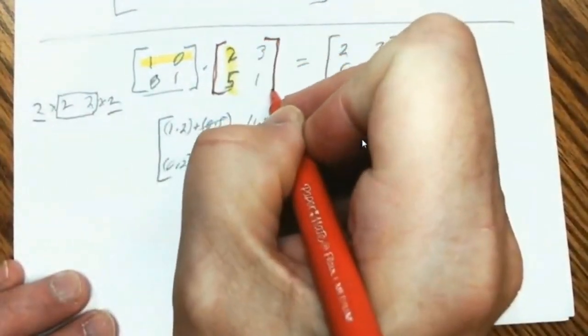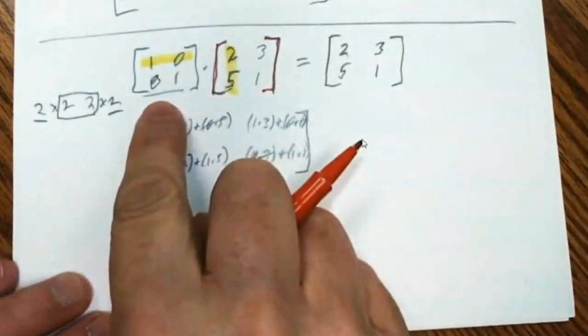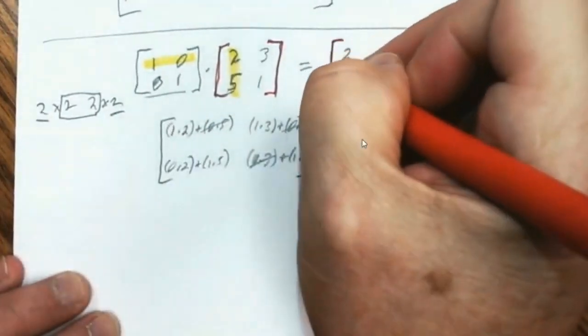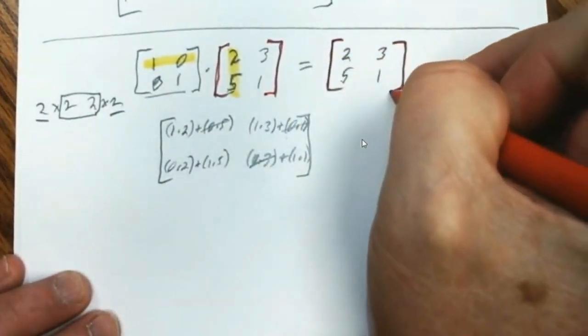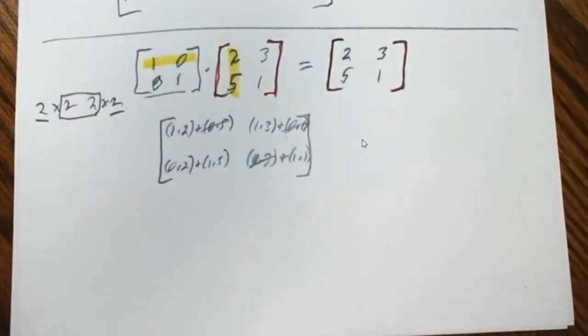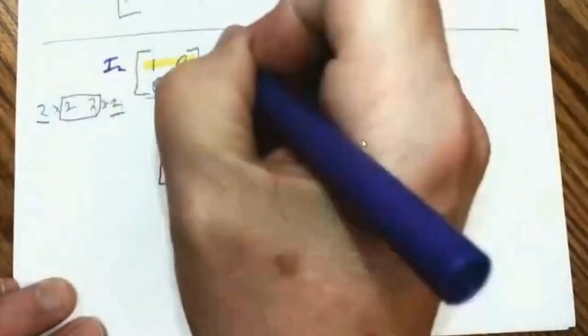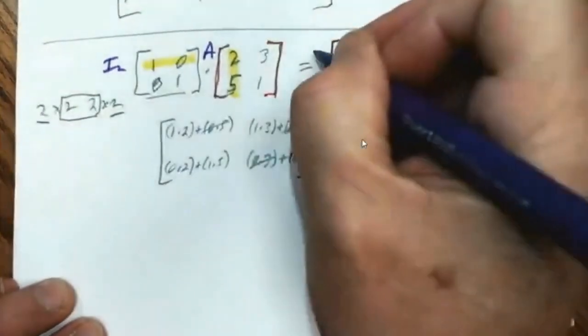We multiplied this matrix times the identity matrix, and look what we ended up with. If this was an identity matrix, this was A, what did we end up with?